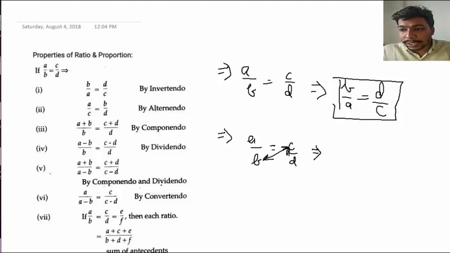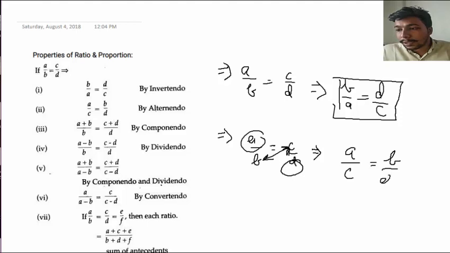B at the place of C and C at the place of B. A and D remain as they are. Okay, so our alternando is A by C and B by D. So what we have done is that we have replaced B and C.